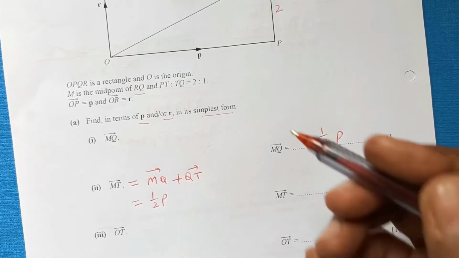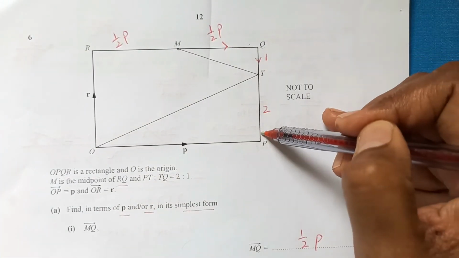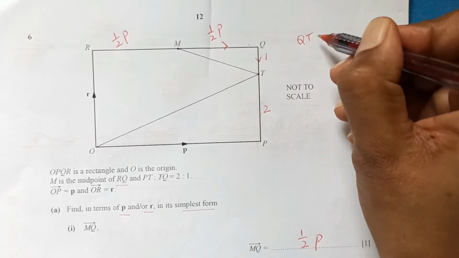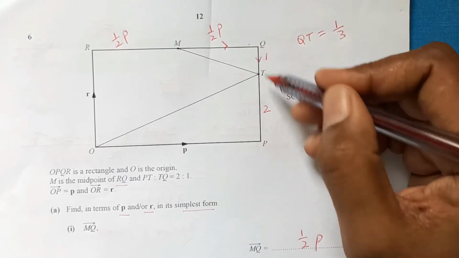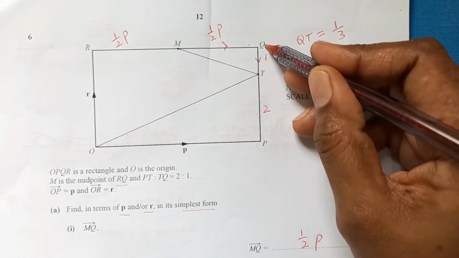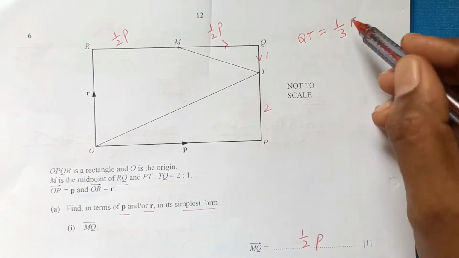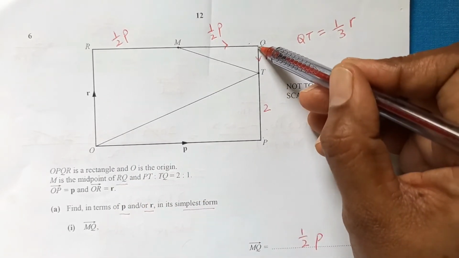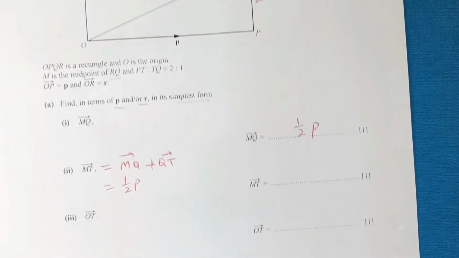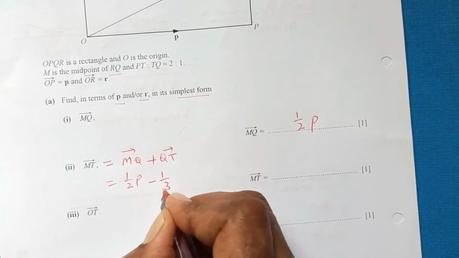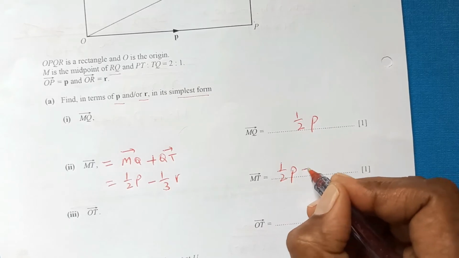And QT: the total part is 3, and this is QT, so QT is 1/3 of PQ, which is equal to r. So QT is 1/3 r. As we are going in the other direction, QT becomes negative 1/3 r. So we substitute negative 1/3 r here.